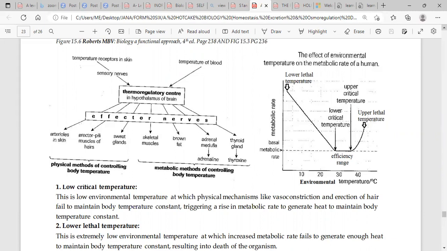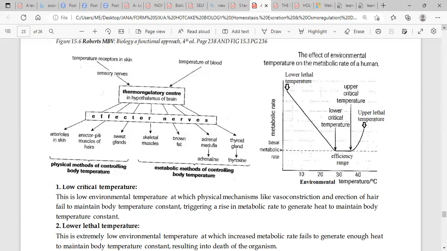When such circumstances take place in an ectotherm, they carry out what we call hibernation. They don't die, but once the environmental temperature continues to become low, beyond what they can manage, they lay dormant.